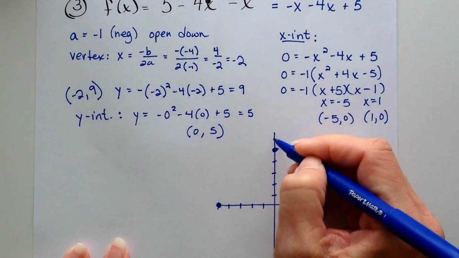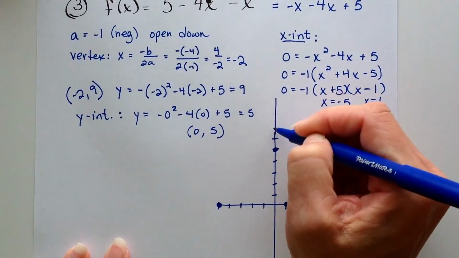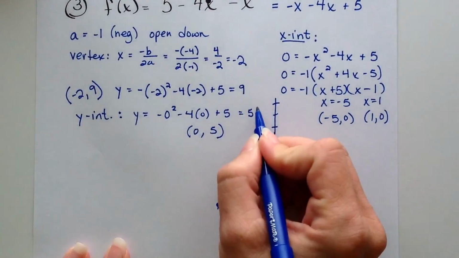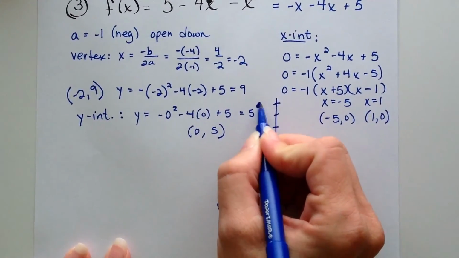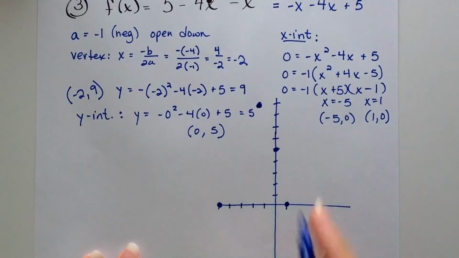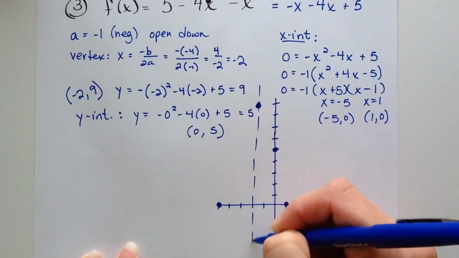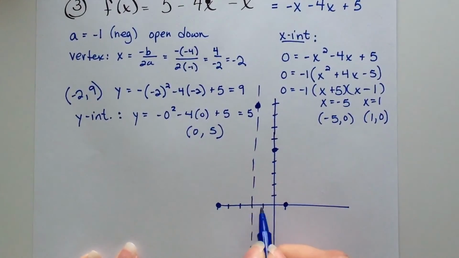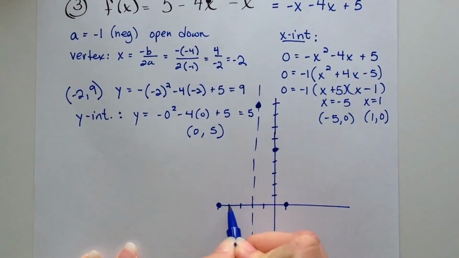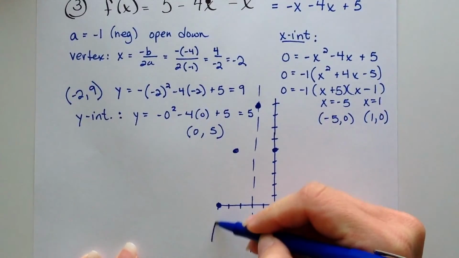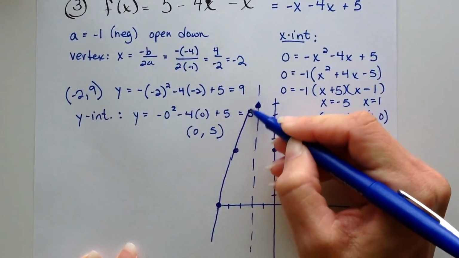Let's see, 5, 6, 7, 8, 9. Negative 2, 9. We'll have to squeeze this in here. If you wanted to reflect this other point, you could. There are 2 units in here, so that point would end up being here. So it does open down, as we said that it would.